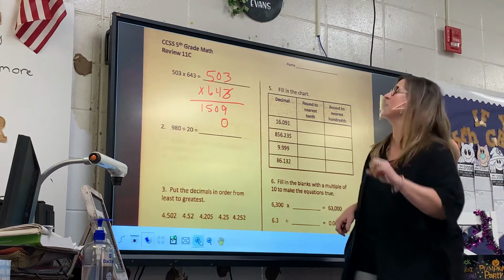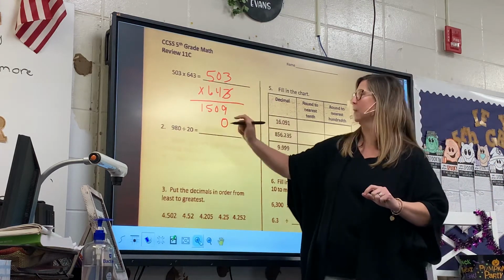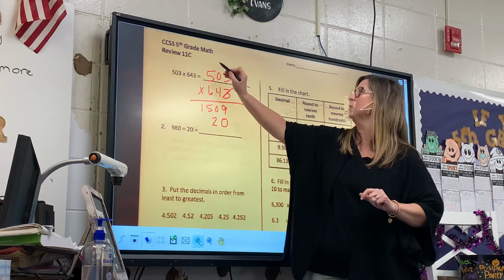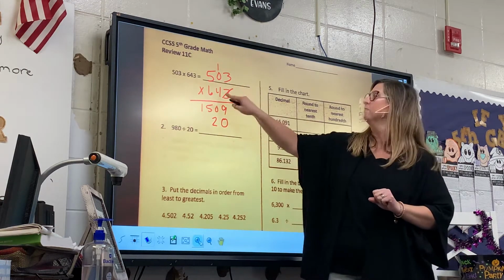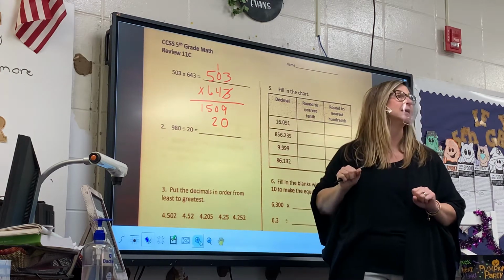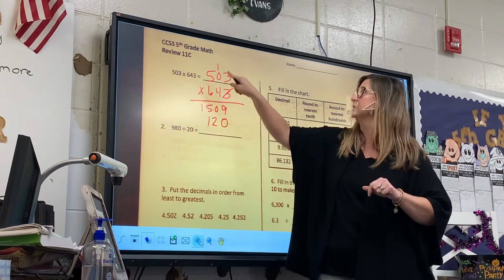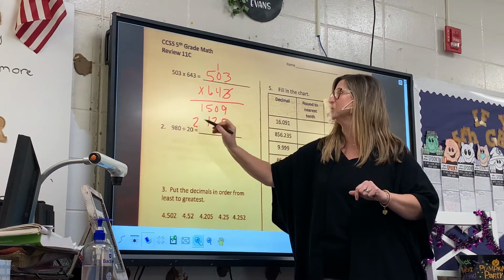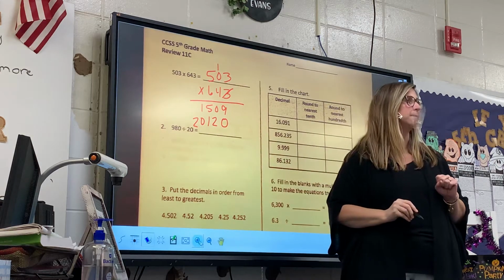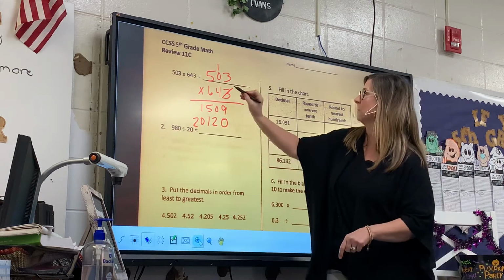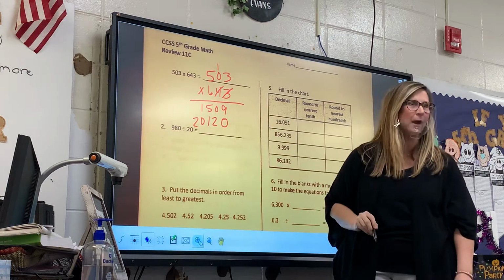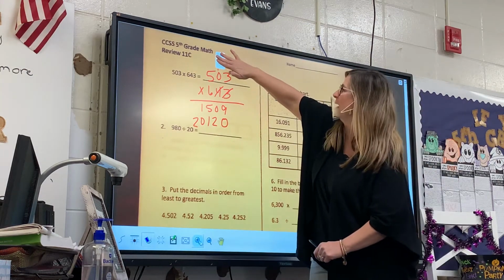Okay? So next, I'm going to do 4 times 3, which is 12. Put my 2, carry my 1. 4 times 0 is 0, and 0 plus 1 is 1. 4 times 5. And I'm making sure I'm lining these numbers up, right? Next, I've already multiplied that 4, so I'm marking it out. I'm erasing whatever I carry.